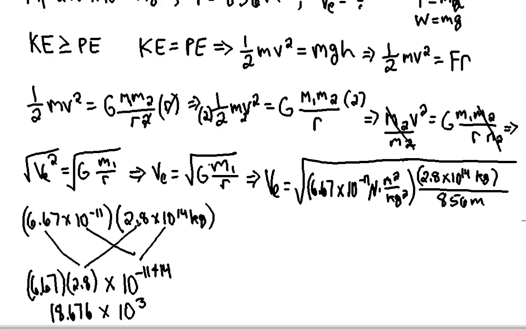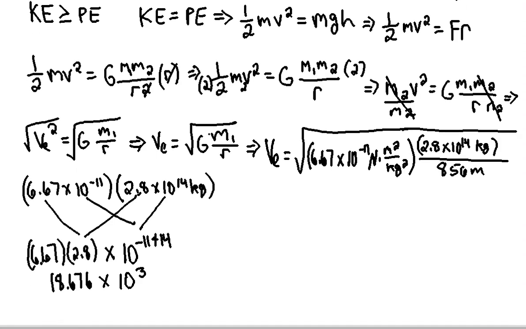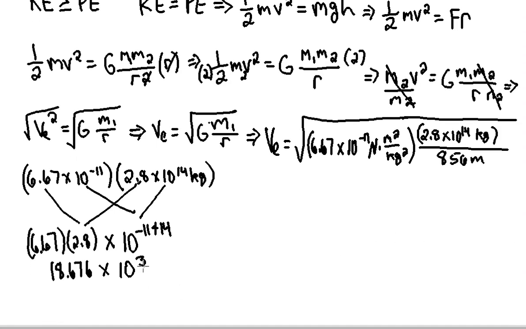And then last thing I'm going to do, might as well multiply this through right now, times 10 to the 3. It's like saying multiplied times 1,000. Or you can just look at it as moving the decimal place this number of times. So 1, 2, 3. So I'm going to get finally 18,676. So let's rewrite this now. All I did was multiply these two numbers.